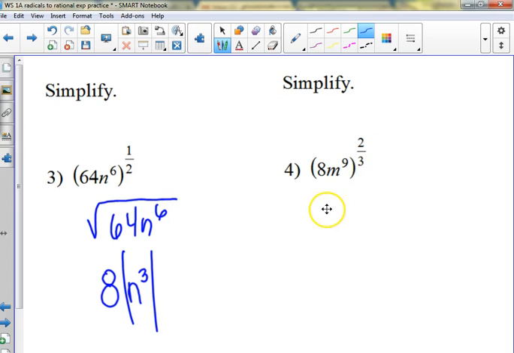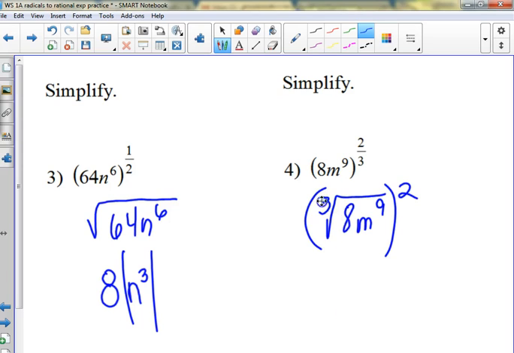Okay. What do you want to do? Ideas? Cube root of 8m to the 9th and then square it? This is Blurta's idea. Is that okay? Yes.